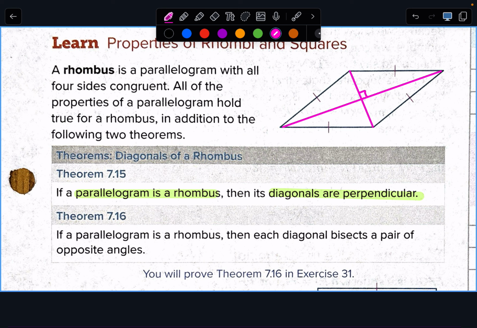Okay. Also, if a parallelogram is a rhombus, the diagonals bisect each pair of opposite angles. So, bisect.